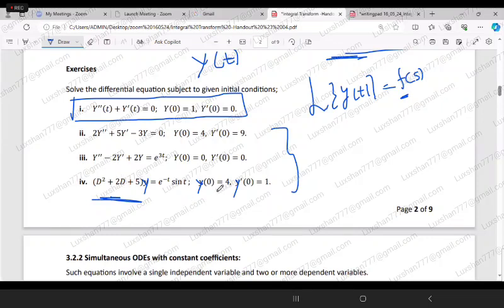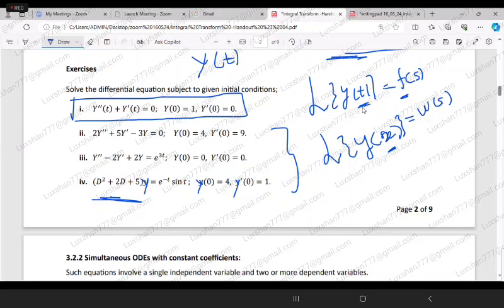So don't worry about the variable given. If the variable is given in x, no problem. You take the Laplace transform of simple y(x) equal to W(s). So finally, when you give the answer, you have to give it in x because our variable is x here. In the previous case our variable was t, that is why we gave our answer in t.